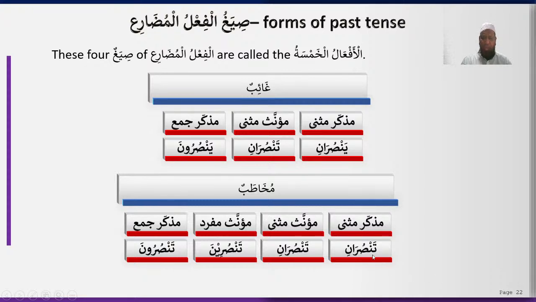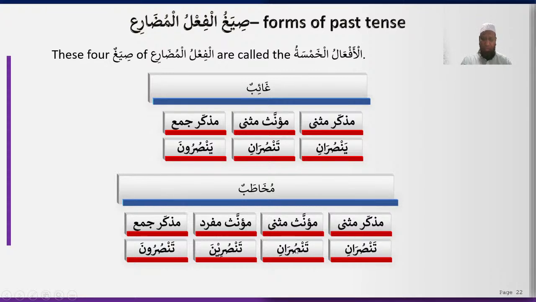The mukhatab sigas تنصران mudhakkar and تنصران muannas are the same. So whenever this تنصران comes, we say al-af'al al-khamsa.